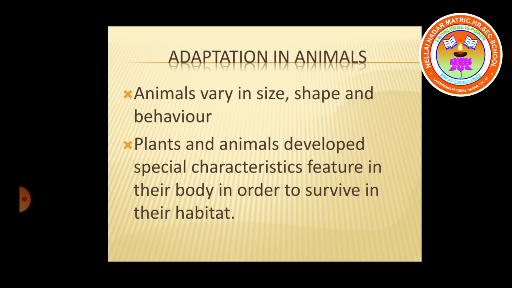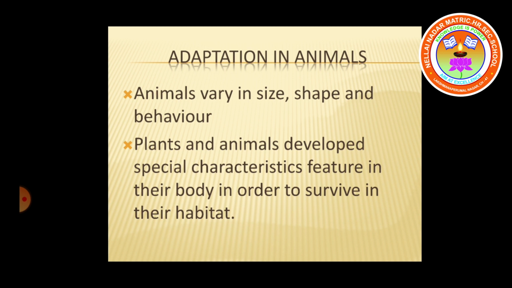Animals vary in size, shape and behavior. A living thing can survive in a particular habitat if its body is adapted to the condition of that habitat. An organism can survive in a particular habitat only if it has some modification or adaptation.